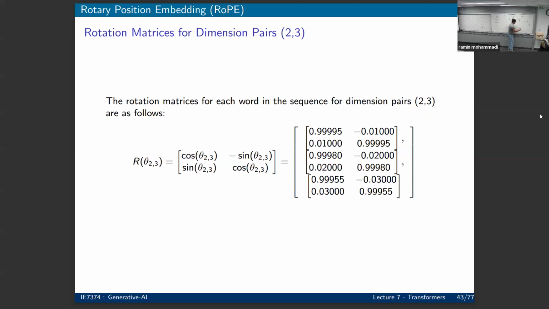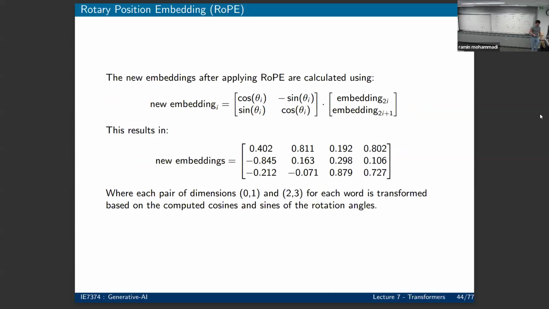So you have this 4 by 1 vector. If you multiply it by 4 by 4, you get another 4 by 1, right? So that becomes the first row in the new matrix.